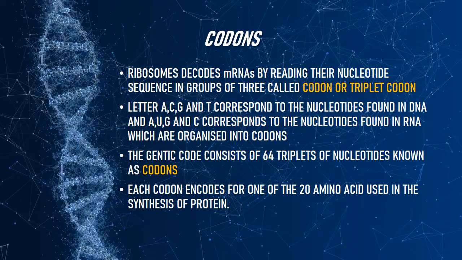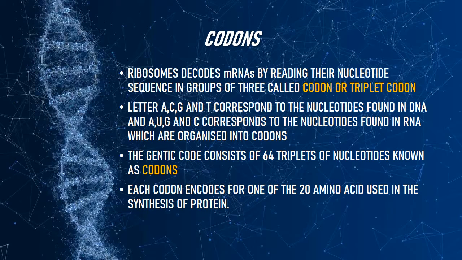Codons. Ribosomes decode mRNAs by reading their nucleotide sequences in groups of three, namely codon or triplet codon. Letters A, C, G and T correspond to the nucleotides found in DNA, and A, U, G and C correspond to the nucleotides found in the RNA, which are organized into codons.